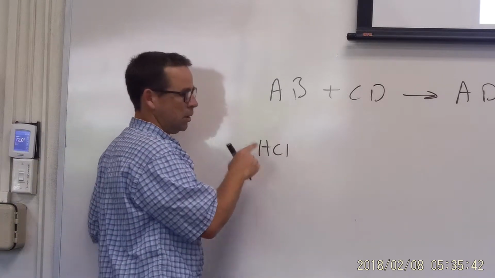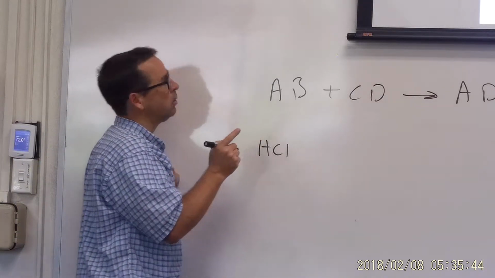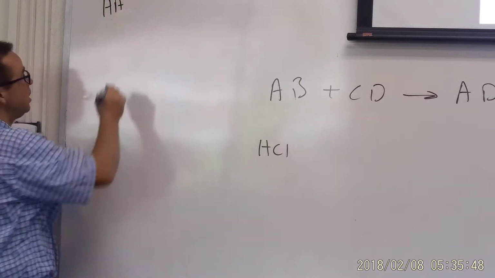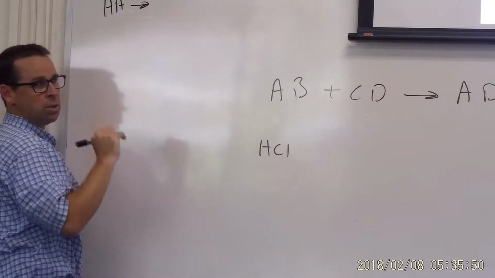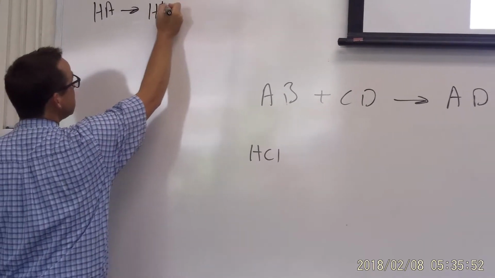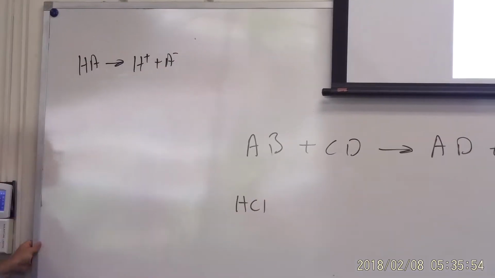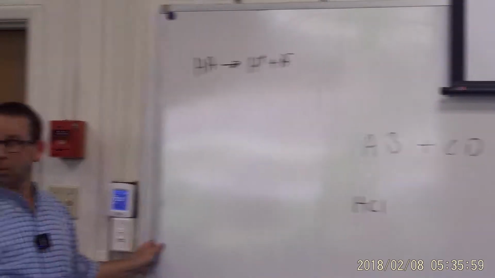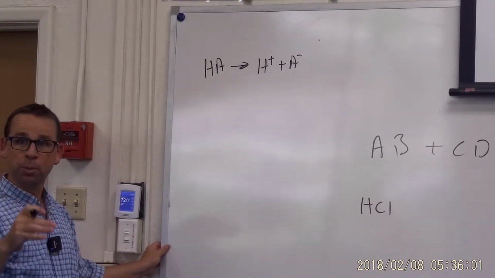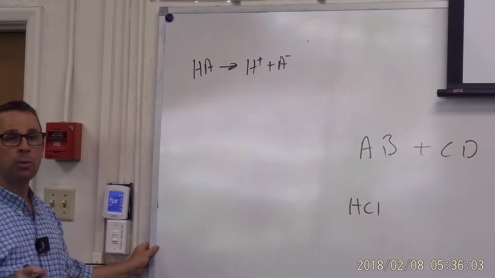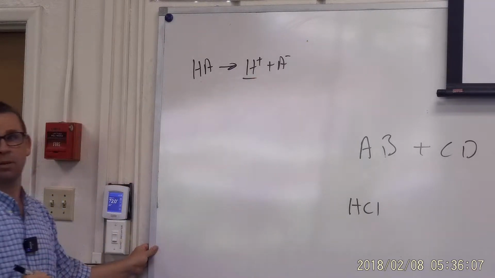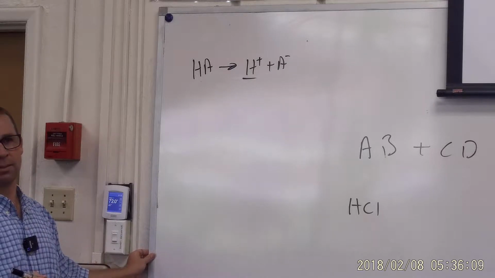It'll dissociate in water, and when it dissociates in water, one of its products is H+. Right? An acid. A compound that's molecular in nature, but you put it into water, and it will dissociate, and one of those dissociative products will be the hydrogen ion. So that's what an acid is.